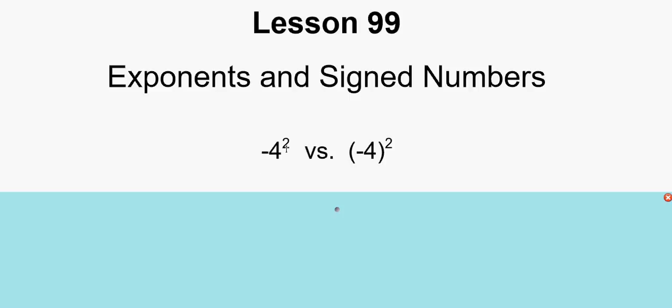Maybe at first you don't recognize the difference between the left expression and the right one. One is the opposite of 4 squared. One is negative 4 squared. They're going to come out to very different amounts, and let's talk about why that is.